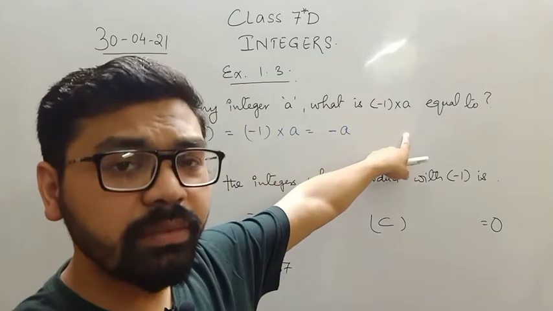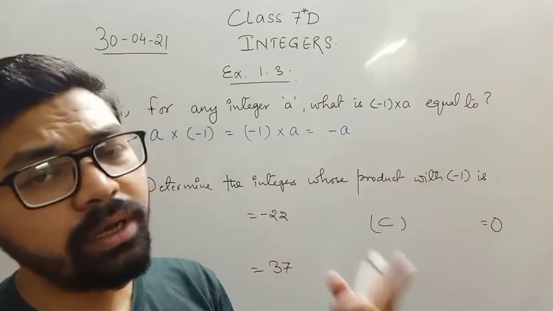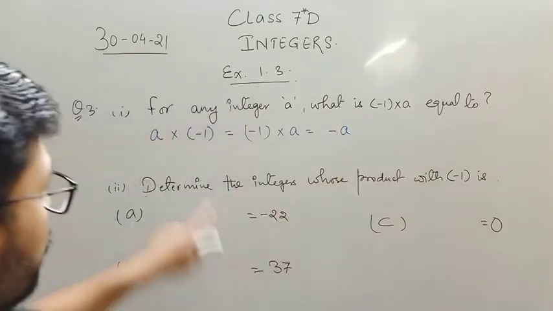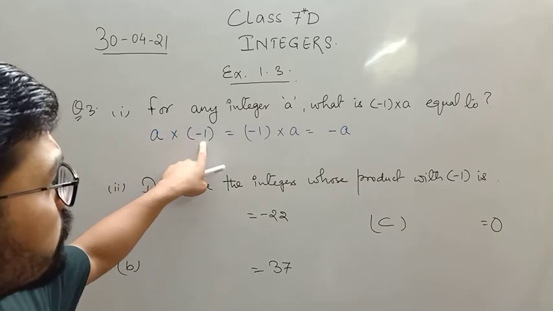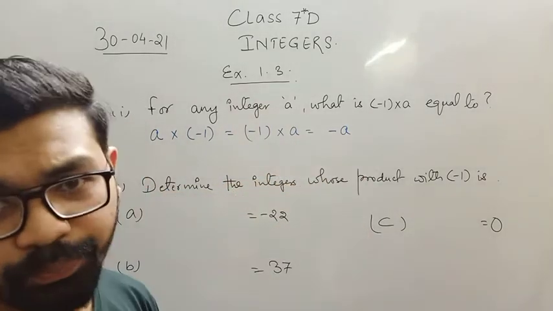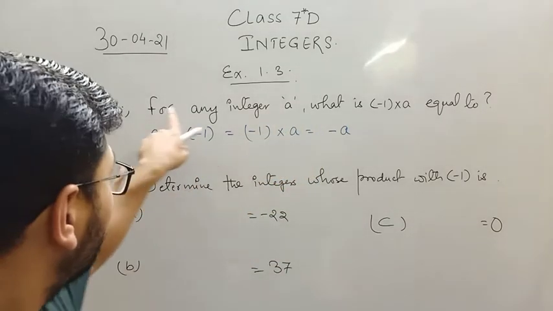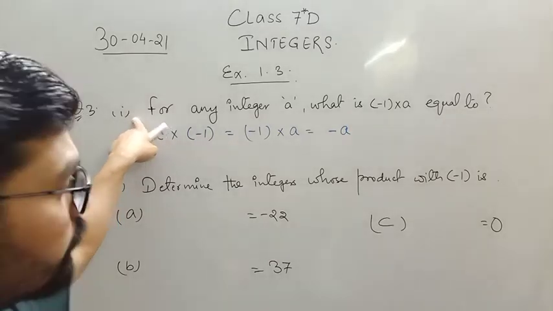In that case you can say multiplicative identity, because in that case you just multiply any integer with plus 1. So when you multiply a with minus 1 or multiply minus 1 with a, the answer comes out to be minus a. Okay, so this is the answer for part first of question number 3.